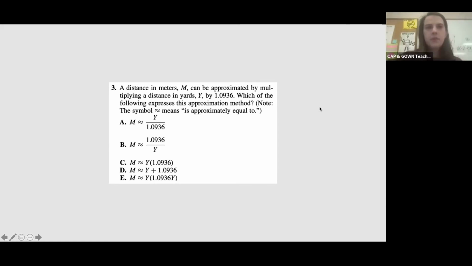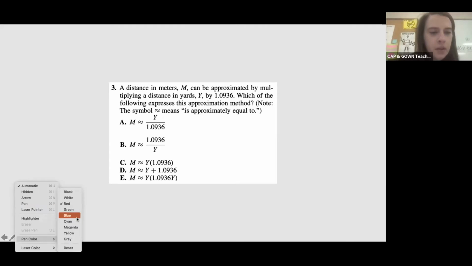Okay. So number 3, it says a distance in meters, M, can be approximated by multiplying a distance in yards, Y, by 1.0936. Which of these expressions expresses this approximation method? And then it tells you what that little squiggly means. But now you already know what that means, so you don't have to read the note when you actually take the ACT.